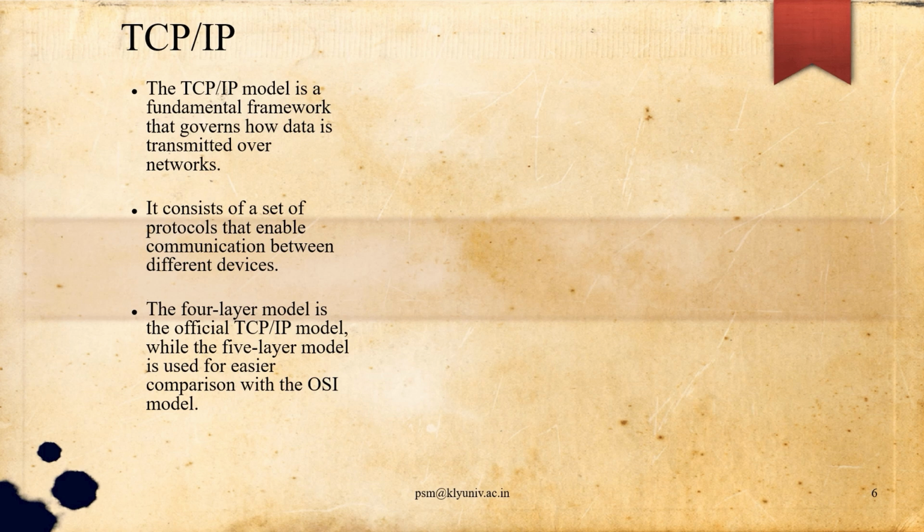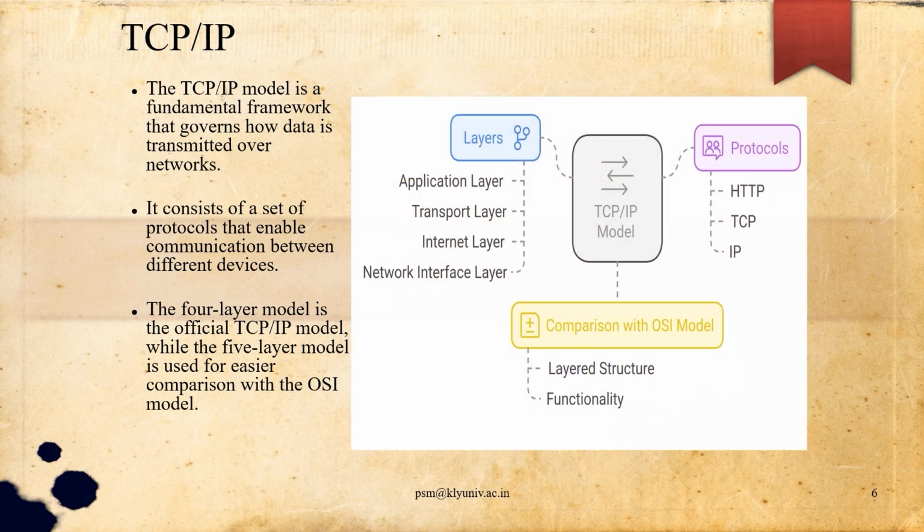So experts and computer scientists, network scientists, reduced OSI into a 4-layer model, which is called TCP/IP, and TCP/IP became much more famous and efficient in comparison with its mother format, the OSI reference model.